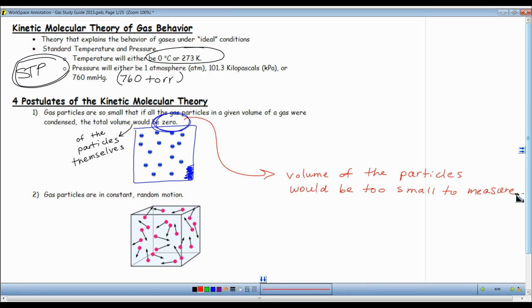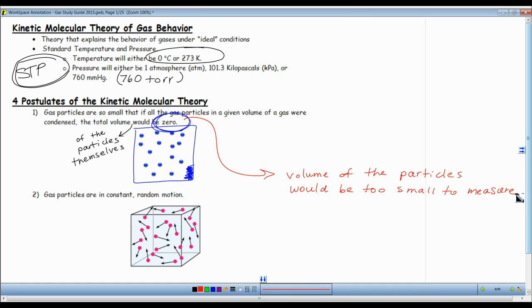It's not that the volume is zero. If I take all those little blue gas particles and I smush them together and I condense them as close as I can possibly compact them, the volume wouldn't be zero, but it might be too small to measure.